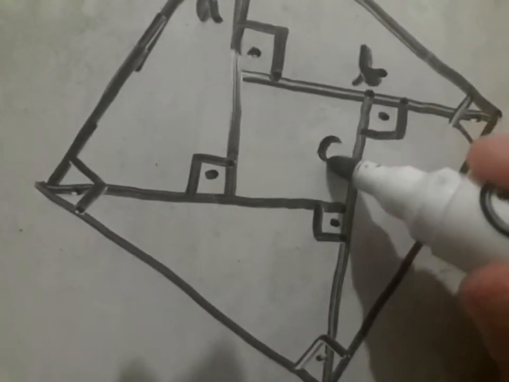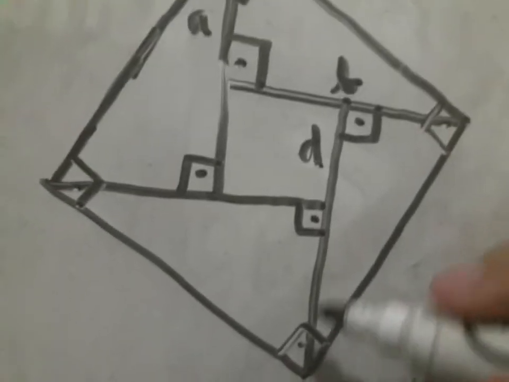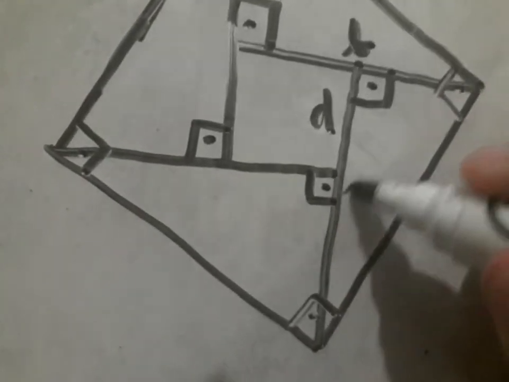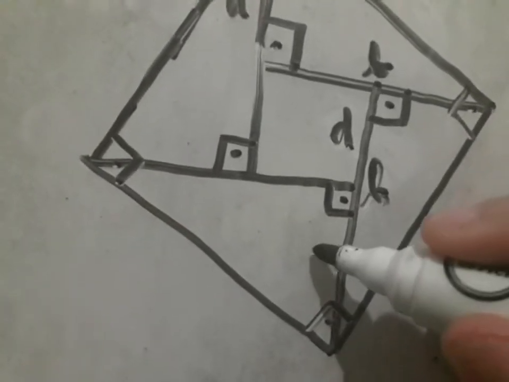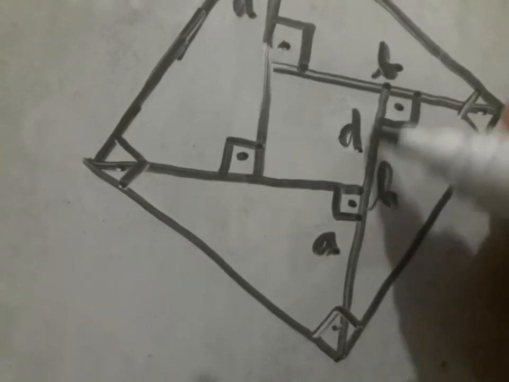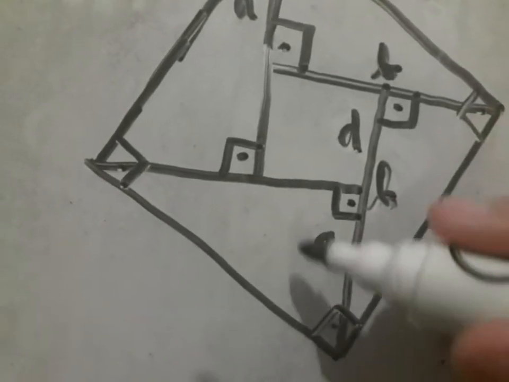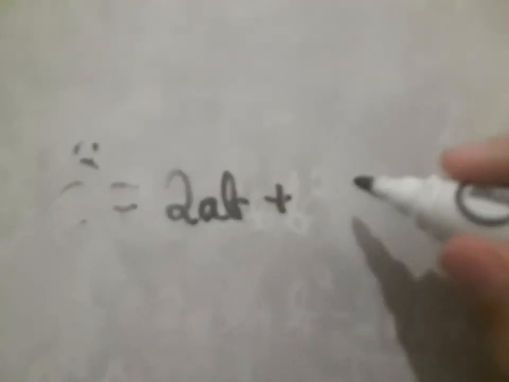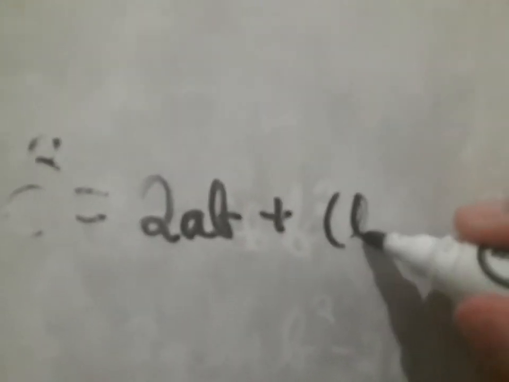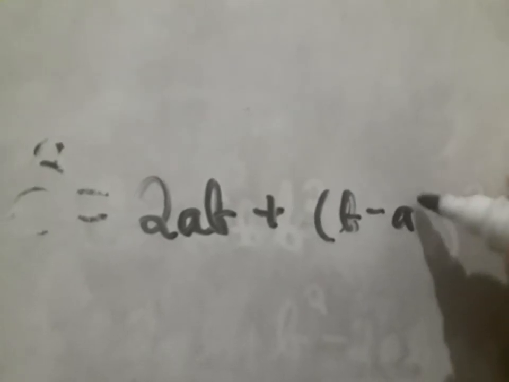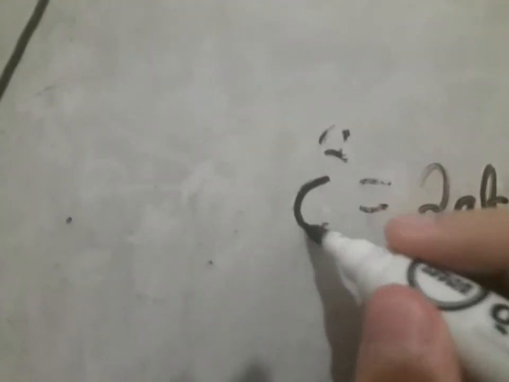We're going to call it D. We know that this bigger side is B and this smaller side is A, and if we take B and subtract A, we get D. So we need to make B minus A squared.